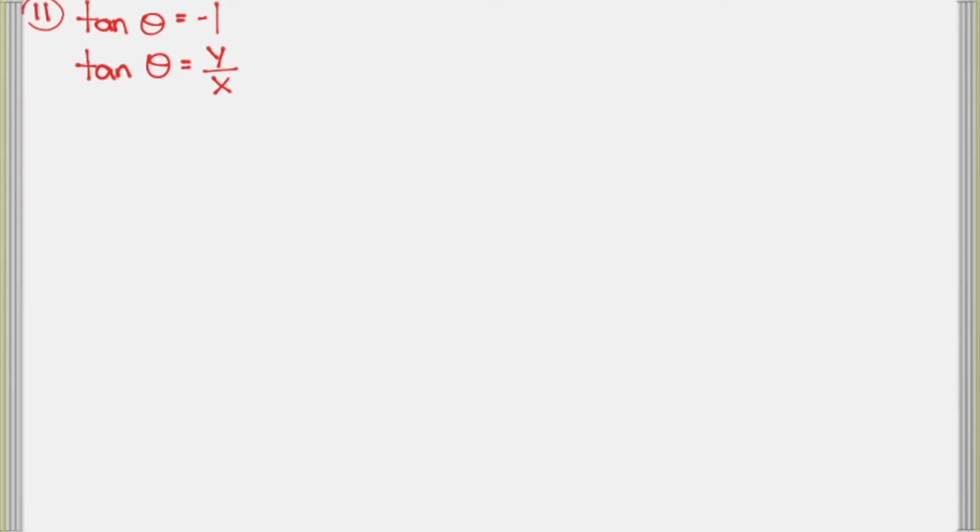So it either has to be a -x and a positive y, or a positive x and a negative y. Well, you know which one it is because the problem tells you that tangent of theta is -1, and the terminal side of the angle is in quadrant number 4. That's the information it gives you in the problem.